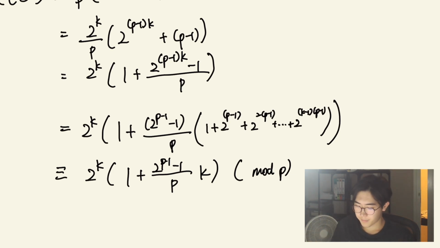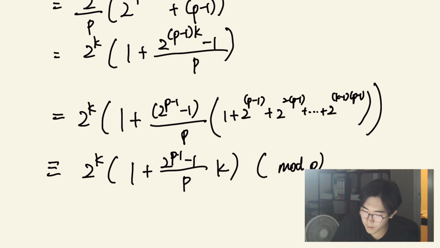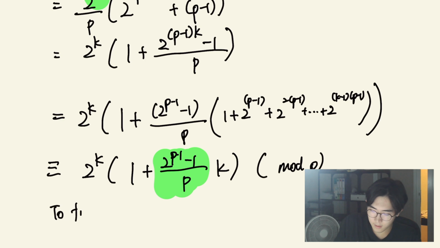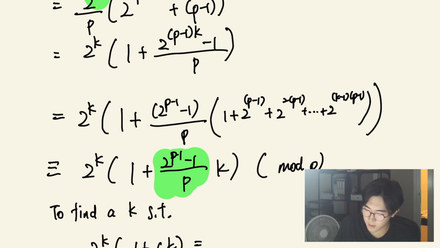Then, we can treat this like a constant, and all we have left to do is to find a k. 2 to the power of k times (1 plus some constant c times k) is congruent to 0 mod p.